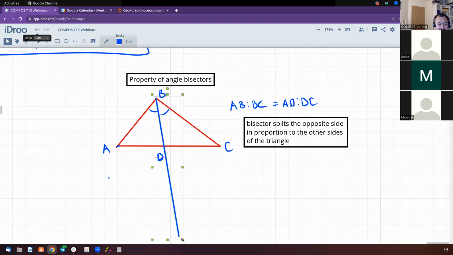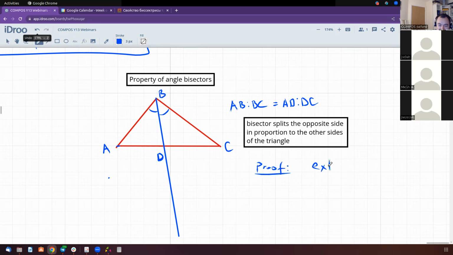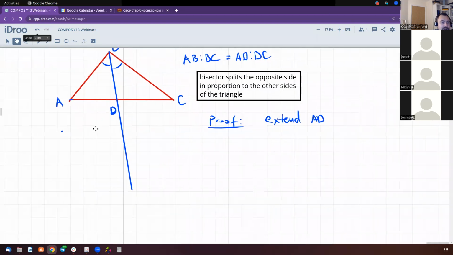Well, you extend AD. So, proof. Extend AD to point F such that FC is parallel to AB.